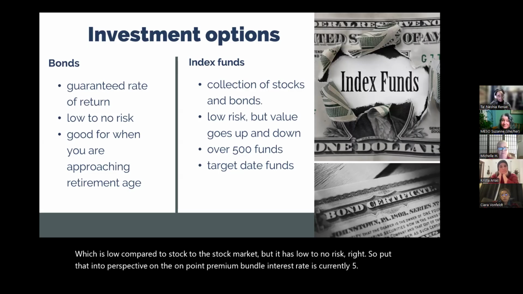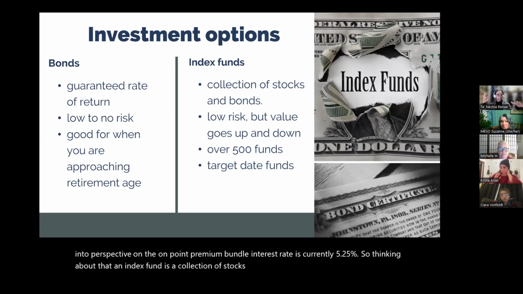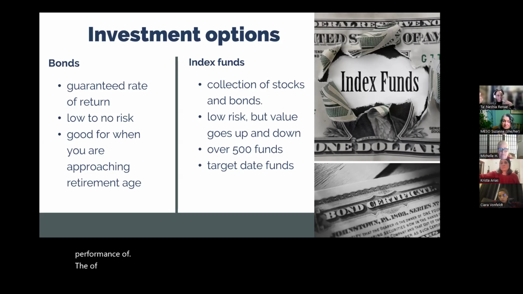So, thinking about that, an index fund is a collection of stocks that aims to mirror the performance of an existing stock market index. So they don't try to beat the market, they just want to mimic the market.